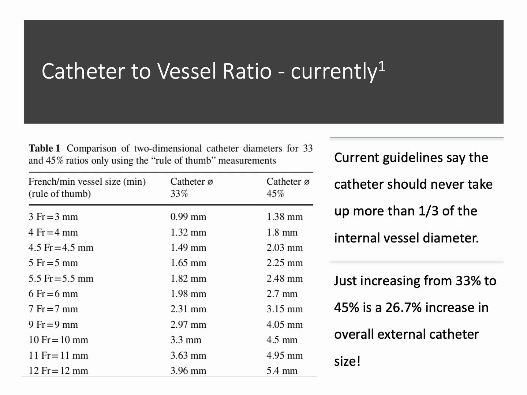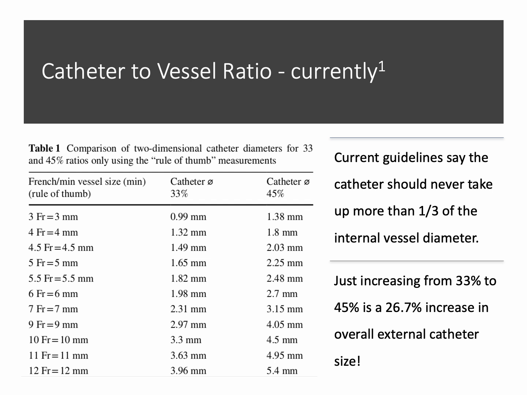So as you can see, current guidelines say that the catheter should never take up more than 33% or 1/3 of the internal vessel diameter, although the INS standards of practice say less than 45%, but just increasing from 33 to 45% is a 26.7% increase in external catheter diameter. That's a significant increase. So that's over a quarter of the size of the catheter is increasing if you just go from a 33% catheter vessel ratio to a 45% catheter vessel ratio.